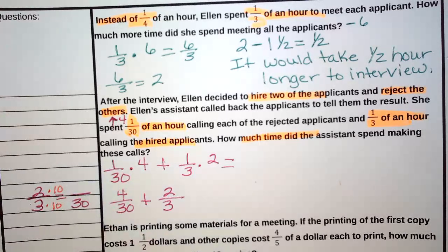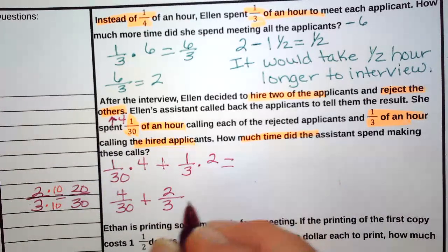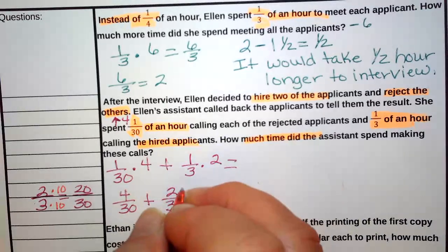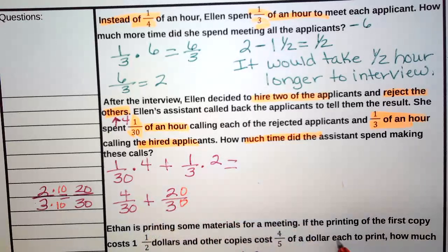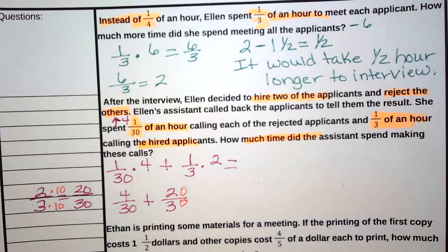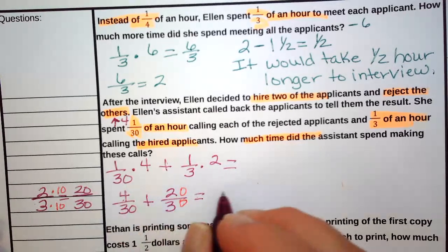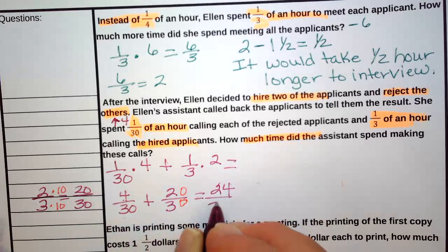When I multiply by 10, the shortcut is just to add that 0 at the end. So this becomes 20 over 30. Four plus 20 is 24. 30 doesn't change.